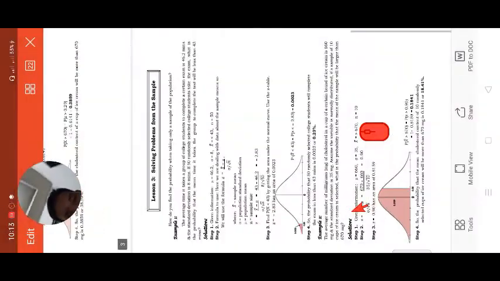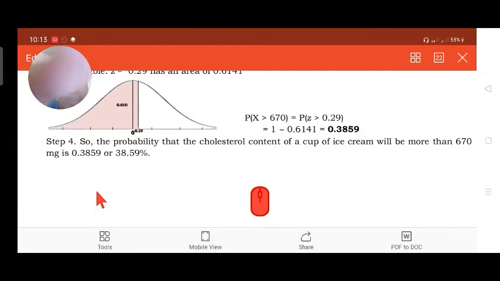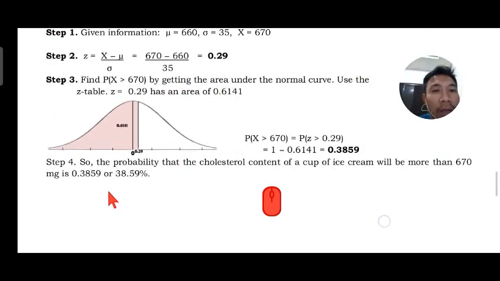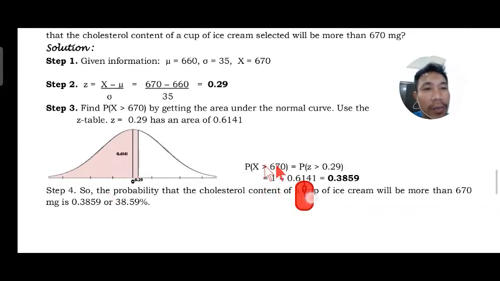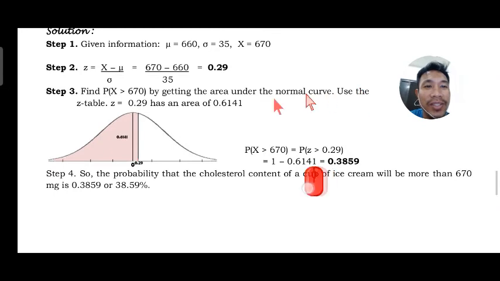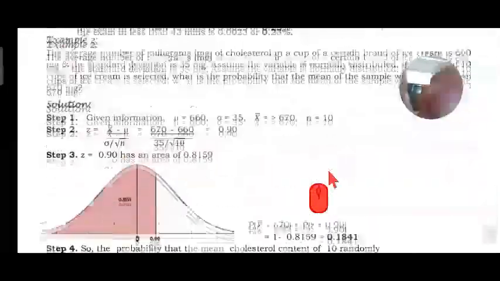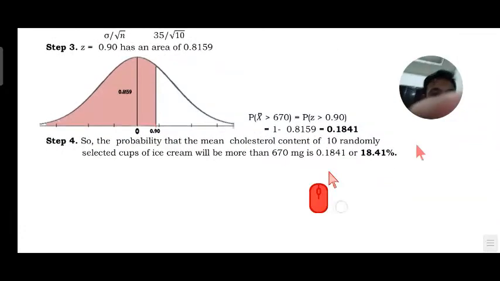So, therefore, another technique is if you are dealing with the area which is greater than, or paitaas, you will just get the z-score, and then gamitin mo na rin ang negative niya, and then you will get the answer.